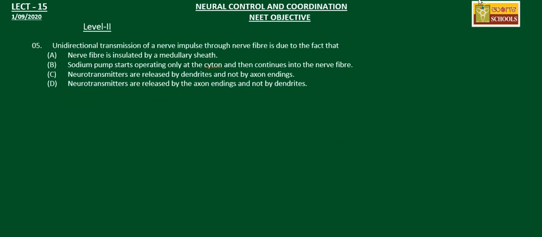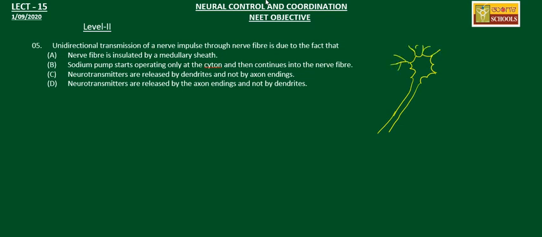The next question: unidirectional transmission of nerve impulse through nerve fiber is due to the fact that. So here let's see. All these are dendrites.